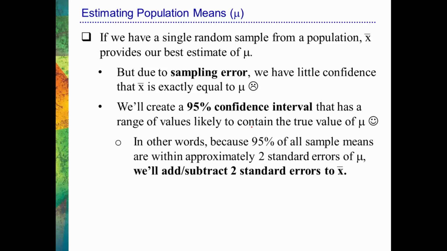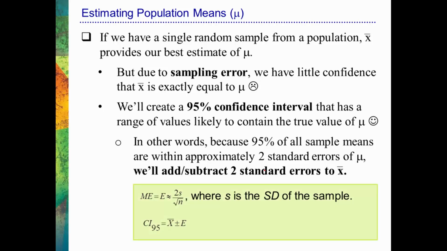And the way that we're going to do that is because we know, due to the distribution of sample means, that within two standard errors, 95% of all sample means will fall. So what we'll do is we'll start with that sample mean, and then we'll add and subtract two standard errors to and from that value. That will leave us with a range that contains 95% of all possible sample means. So once we put this together, you'll see it'll make a little bit more sense.